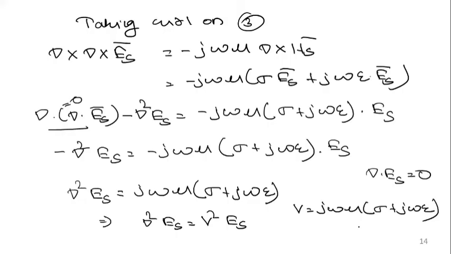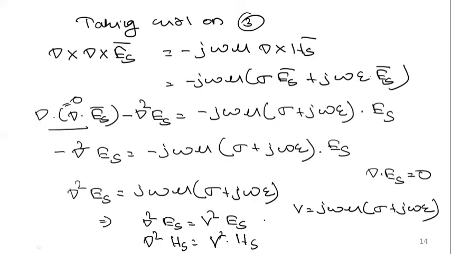You can also write gamma is the propagation constant, in per meter. Then we can also obtain del square Hs is equal to gamma square Hs. Same thing which you have seen. So equation number 4 will lead you to here.